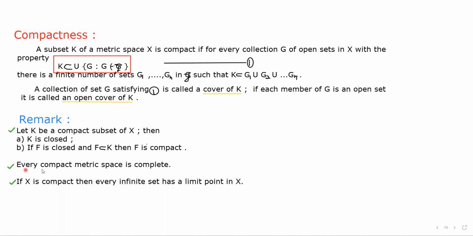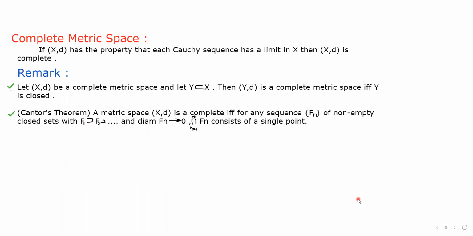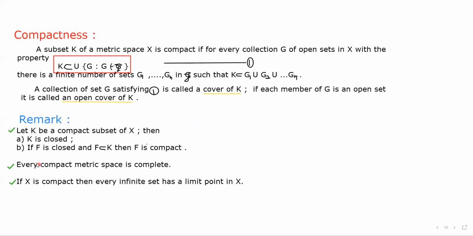Second, every compact metric space is complete. We have seen the definition of a complete metric space. The condition is that each Cauchy sequence must have its limit in X. Then we can say that the metric space is a complete metric space if each Cauchy sequence has a limit in X. So our property says that every compact metric space is a complete metric space.